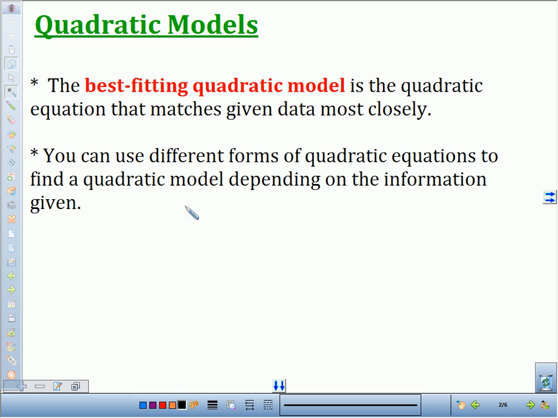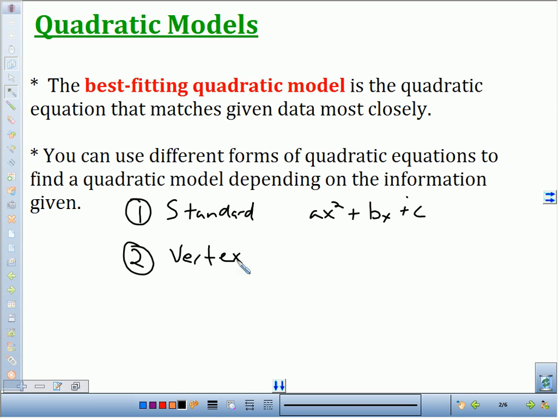We have three different forms of quadratic equations. We have the standard form, which is ax squared plus bx plus c. We have our vertex form, we've seen this before, is a times (x minus h) squared plus k, where (h, k) is the point of the vertex.